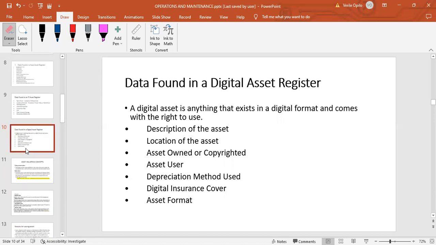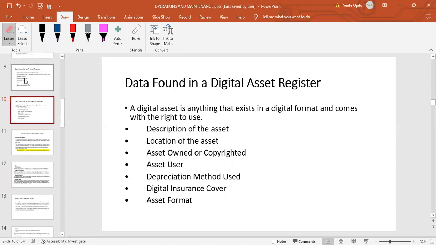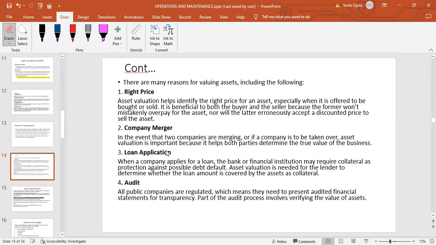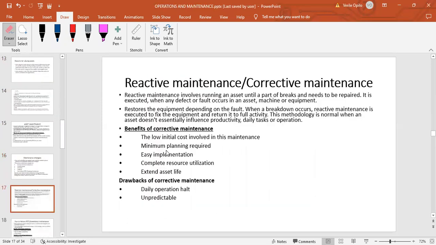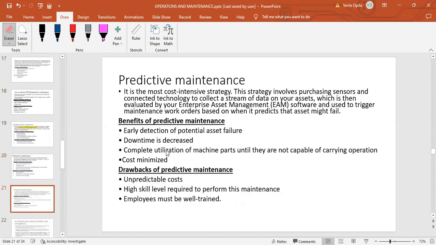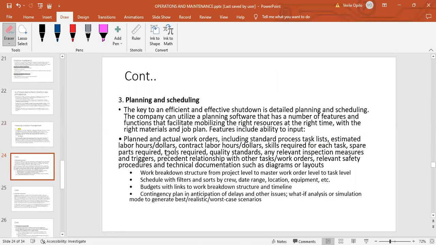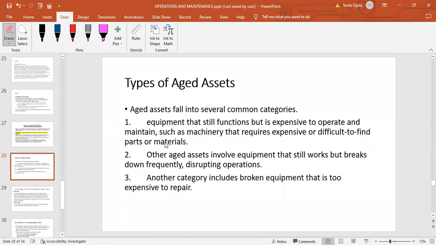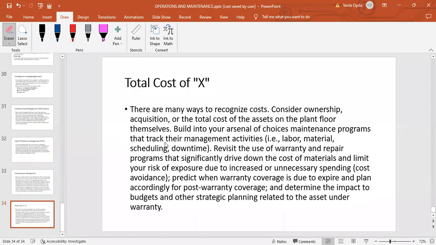I think I'm going to forward them on the portal, so you can access them from the portal and just read through these details, and then we will meet in the next class and discuss them.